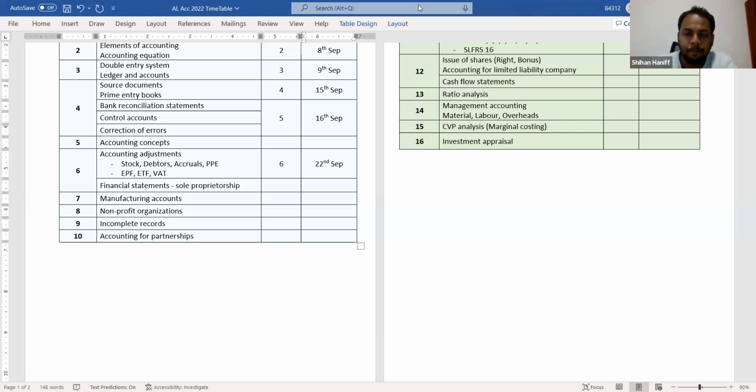Today's chapter is chapter number 6, accounting for sole proprietorships. The main point here is preparing financial statements for a sole proprietorship. In a sole proprietorship, we have the income statement, the statement of financial position, and the accounting adjustments.